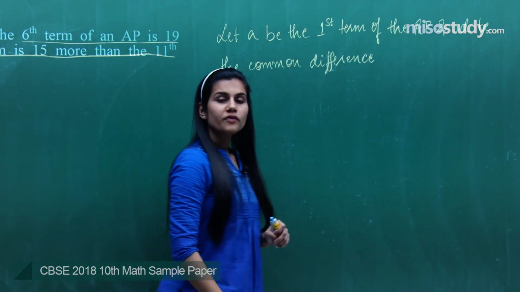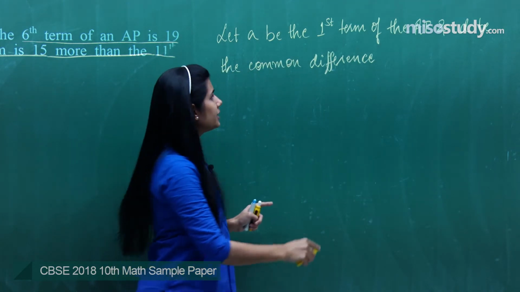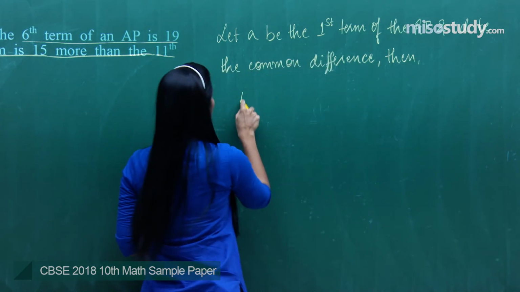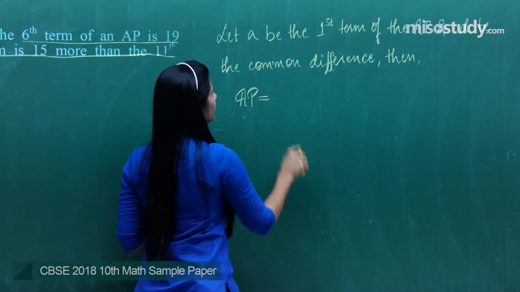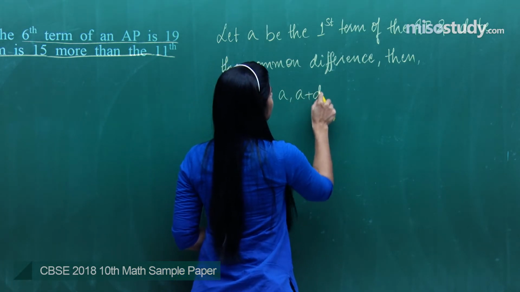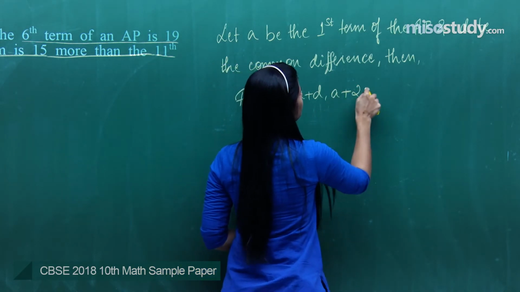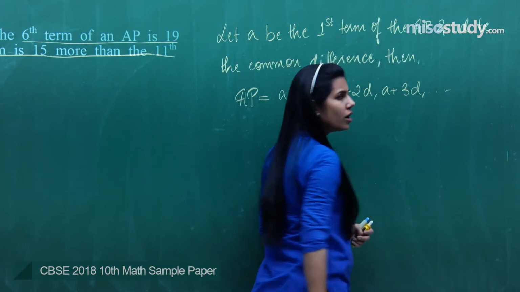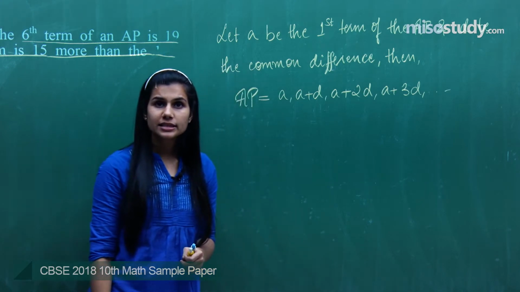Okay? So if A is the first term, D is the common difference, then what is your AP? In that case, the AP is A, A plus D, A plus 2D, A plus 3D, and so on.